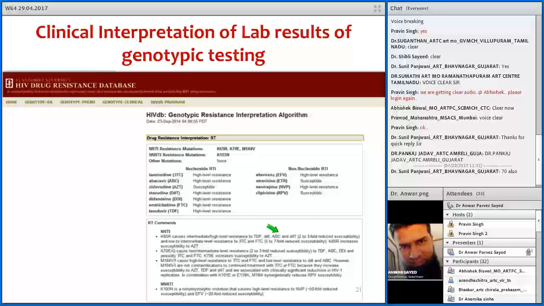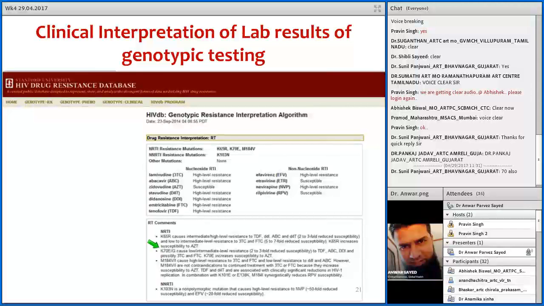That means it reduces susceptibility, and causes low or intermediate resistance to 3TC or FTC, that is Lamivudine or Emtricitabine. But read this: K65R increases susceptibility to Zidovudine. What does it mean?